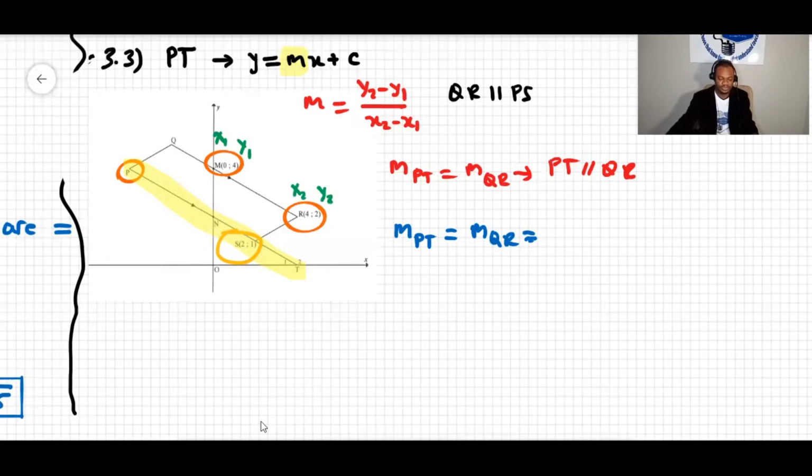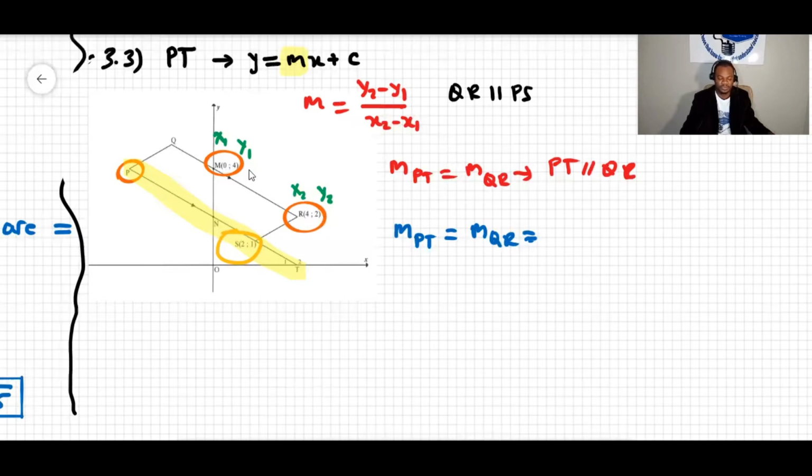Now we can do y2 minus y1. It doesn't matter which one you select for point 1 or point 2, as long as you respect it. I cannot take x1 over here and then y1 over there, and we cannot mix x2 and y1.